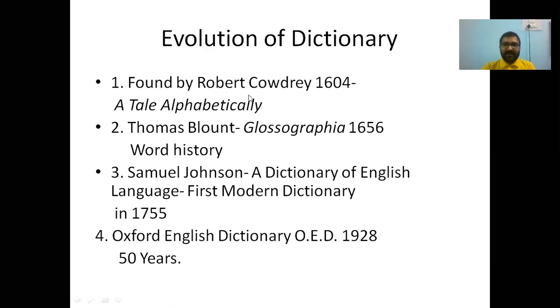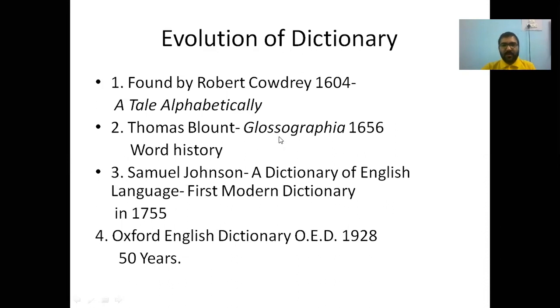First of all, founded by Robert Cawdrey in 1602 with the name of A Table Alphabeticall. He tried to arrange the words alphabetically in the book.